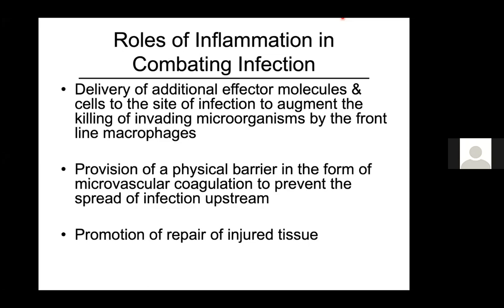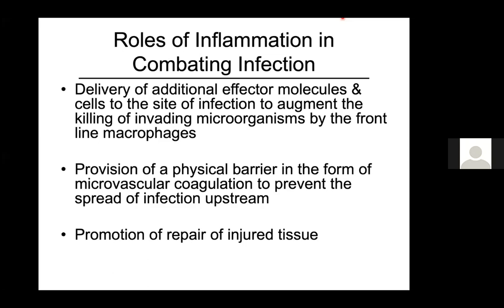However, the vascular changes that cause especially the white blood cells to come to the site of infection are important, because it means we're delivering additional effector cells to the site so that we can get rid of the infection quickly.